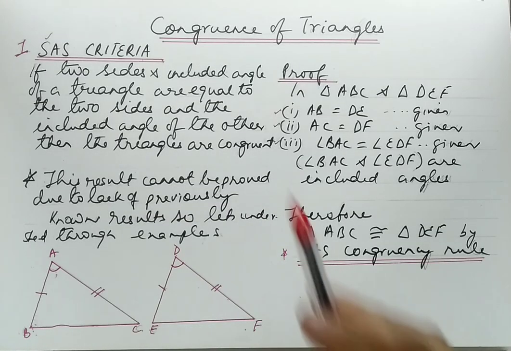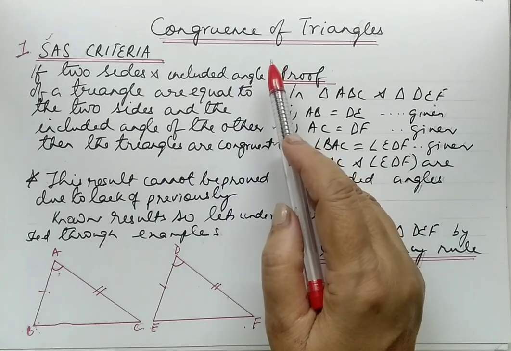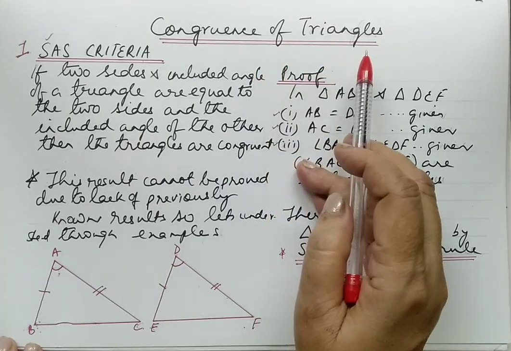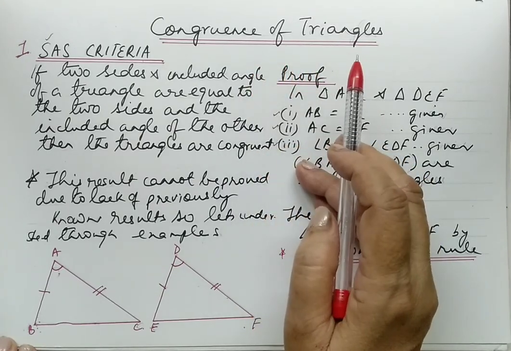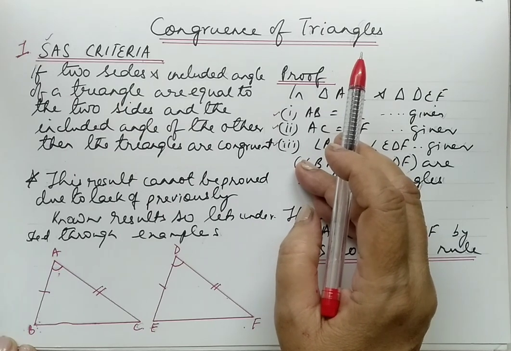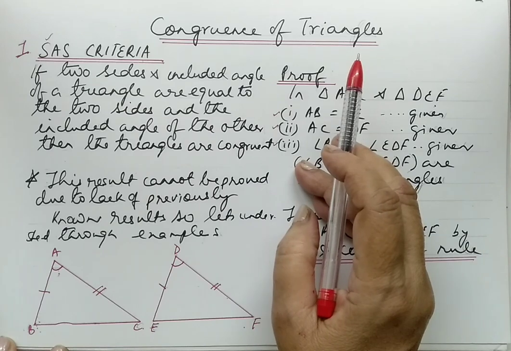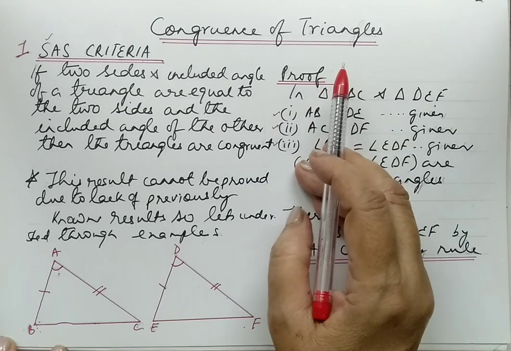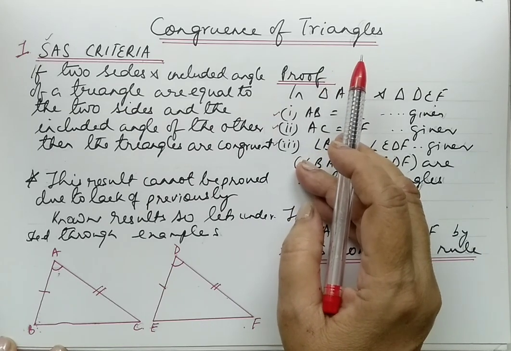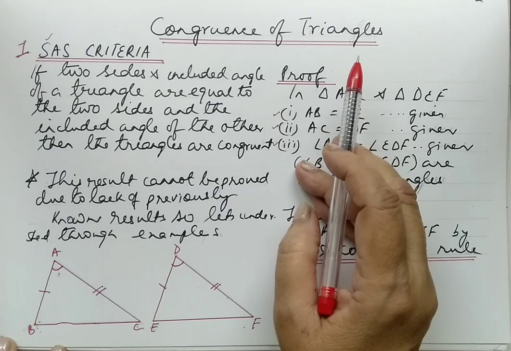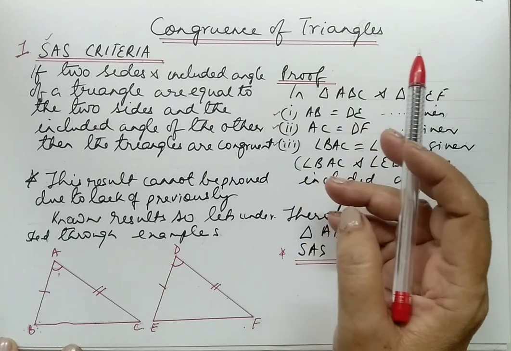So today our topic is, as seen here, congruence of triangles, right? Can you tell me what you mean by congruent triangles? Any idea? Congruent triangles you will be doing or have already done at school. So what does it signify?